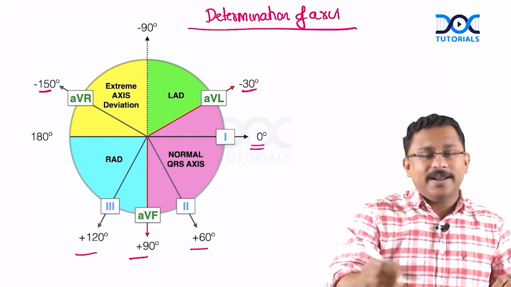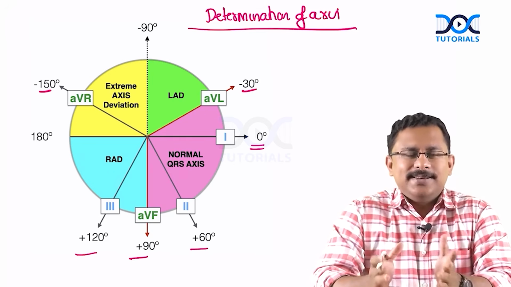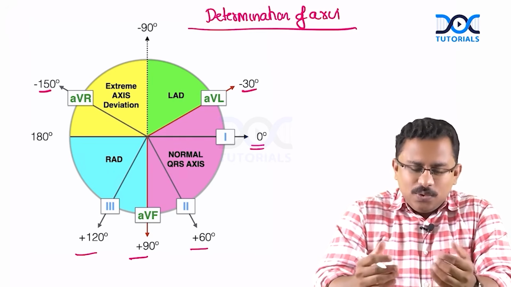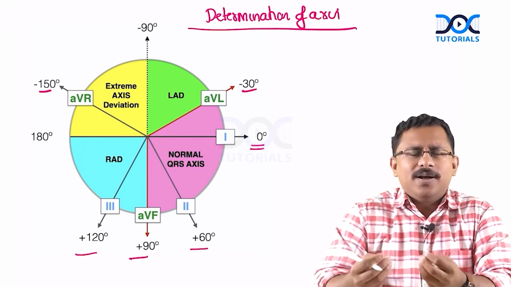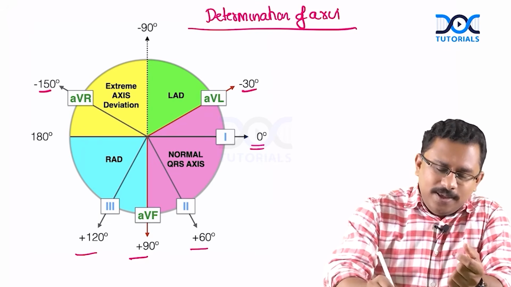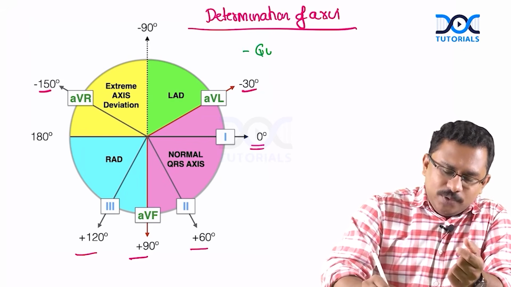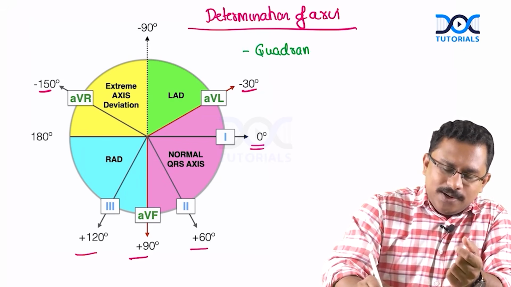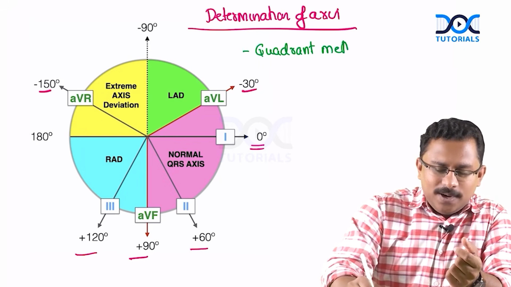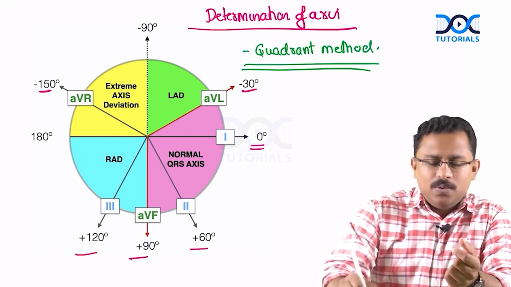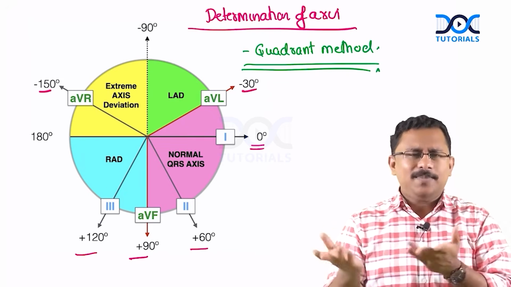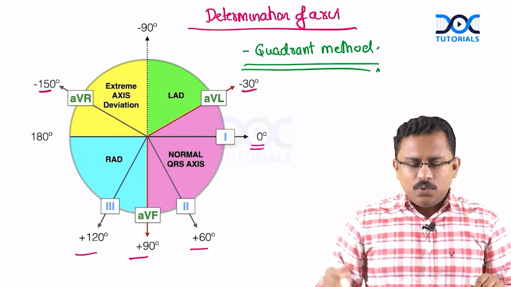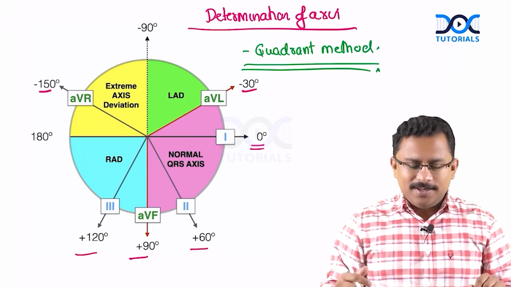Most of them are good methods, but we'll go for a simple method called the quadrant method. There are other methods also like the isoelectric lead method, multiple other methods. So we are going to discuss the quadrant method.